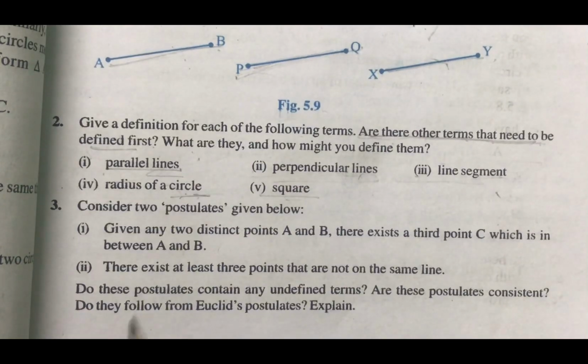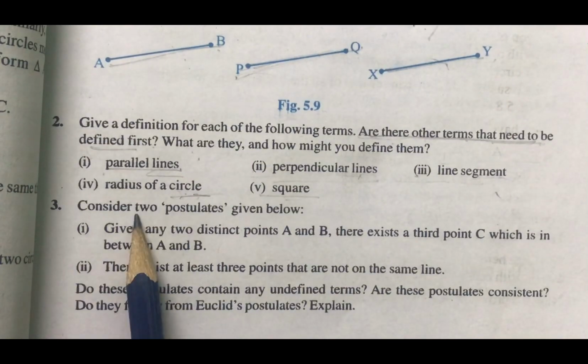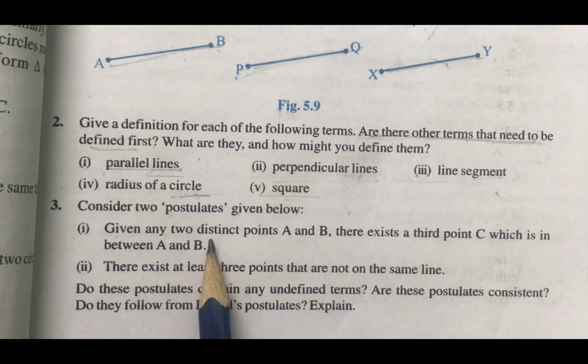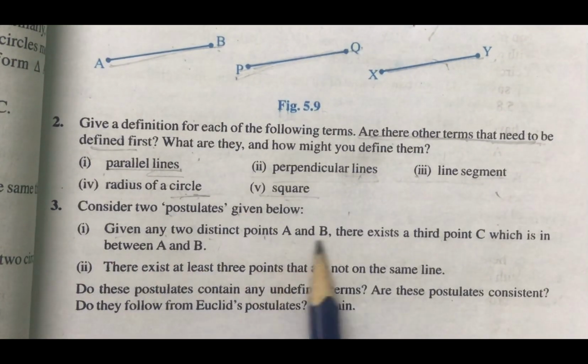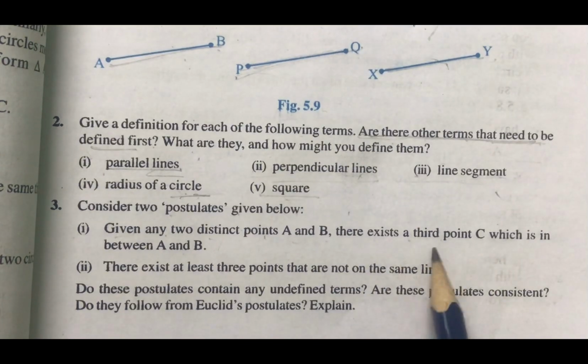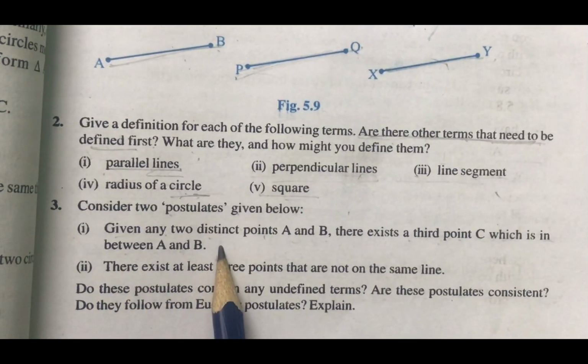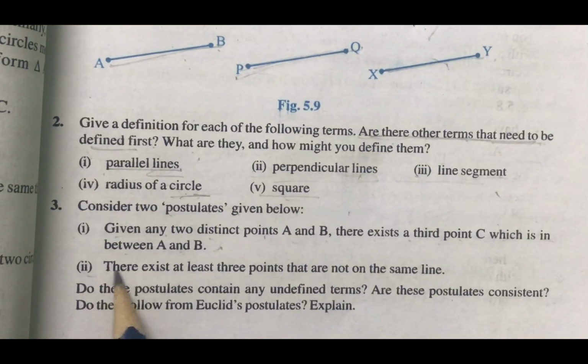Moving on to question number 3. Consider two postulates given below. Given any two distinct points A and B, there exists a third point C which is in between A and B. The second one is, there exist at least 3 points that are not on the same line.